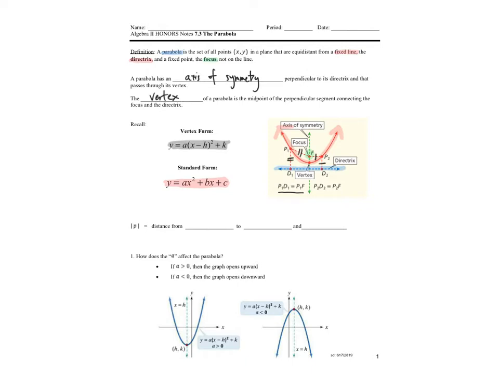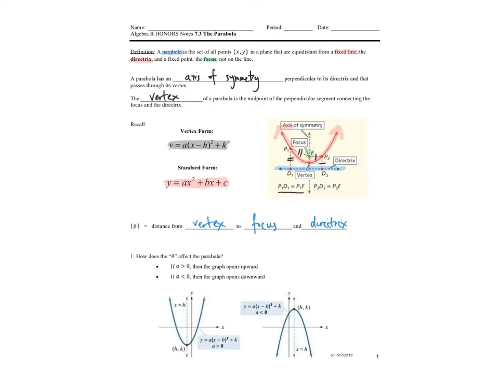Just like for our other conic sections, there's going to be a parameter, a constant, that tells us something about a distance in the diagram. So the absolute value of P is going to be the distance from the vertex to the focus and the directrix.